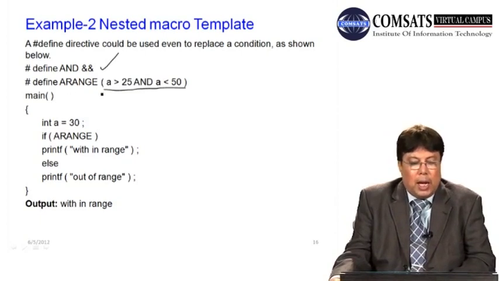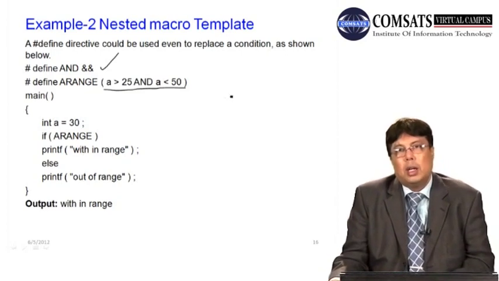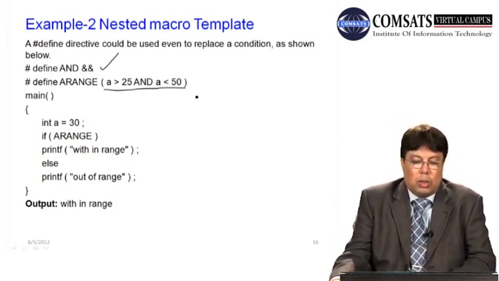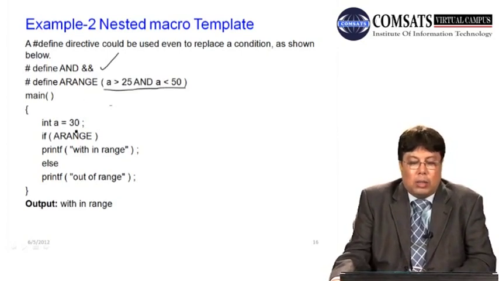अब यहाँ पर हमने सिर्फ चेक किया if average, अब हमें a की वैल्यू दी हुई है यहाँ पर a is 30 and we say that if average then within the range else out of range. अगर ये इस range से बाहर है then it's not average, or if it is within this range, so this way. So this test, instead of writing a is greater than 25 and a is less than 50, we have used average here. And why it is called nested? Because हमने यहाँ पे and define किया था और macro के अंदर हमने इस macro को use कर रहे हैं.